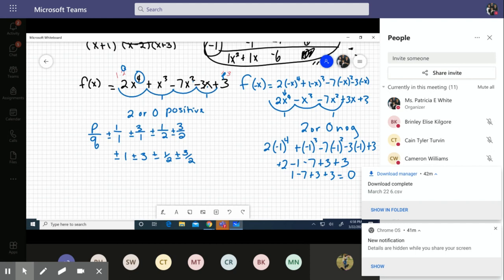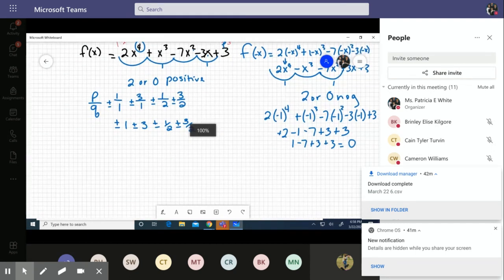So we're going to take our negative 1, and we're going to do synthetic division. Now, what I'm going to do is list my coefficients. And I can't have any gaps, so I'm going to check my exponents. 4, 3, 2, 1, and 0, x to the 0.